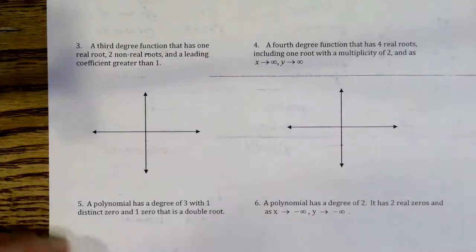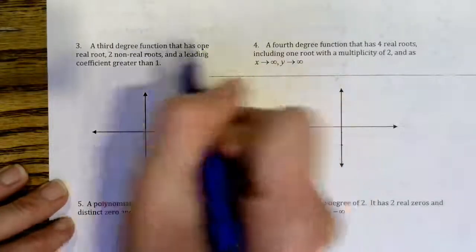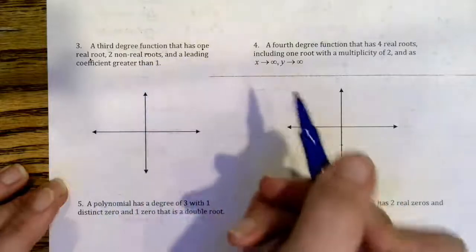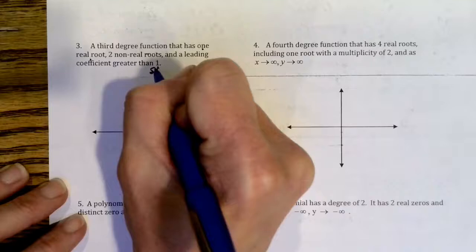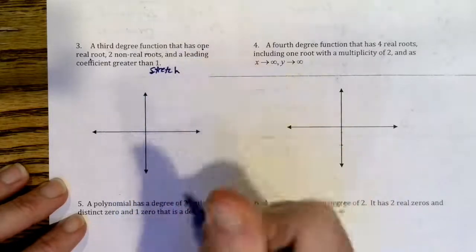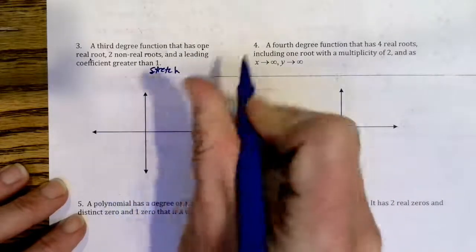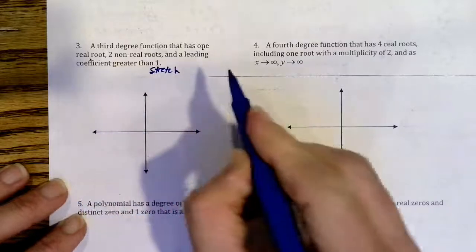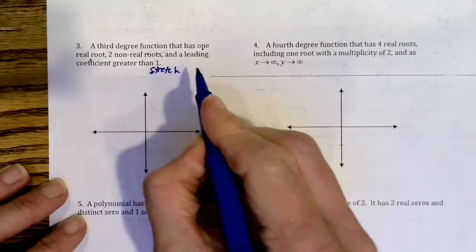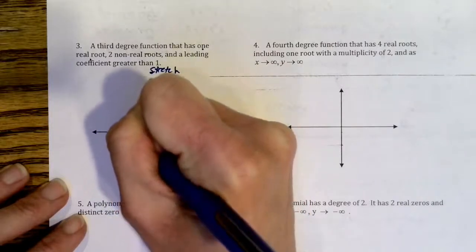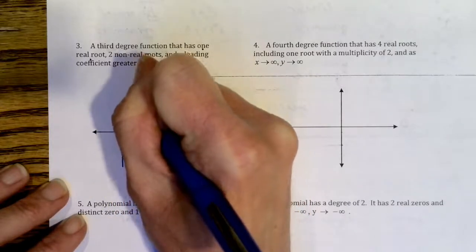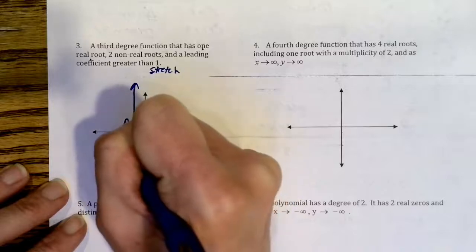A 3rd degree function, 1 real root and 2 non-real roots, and a leading coefficient greater than 1, which means that this is going to be a stretch, so it's going to be a tall, skinny graph. 1 real root. It doesn't tell me if it's positive or negative, so it doesn't matter. 2 non-real roots, so let's make it very tall, skinny, and here's my 1 real root.